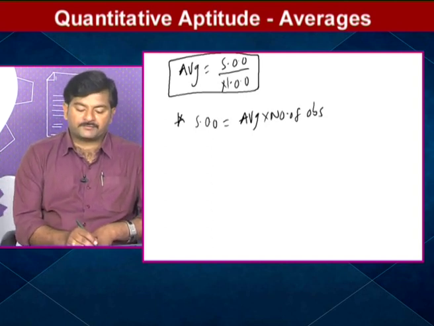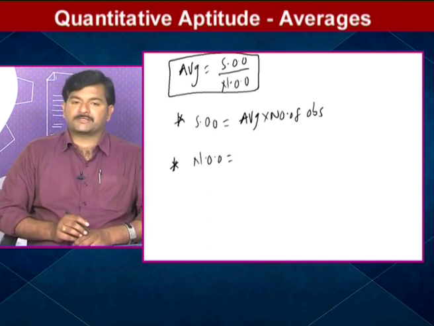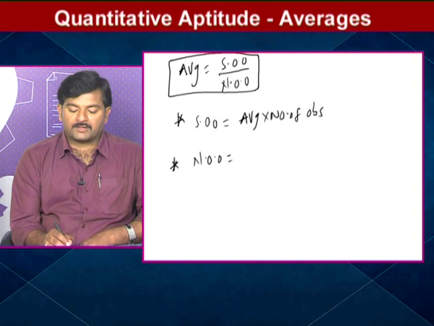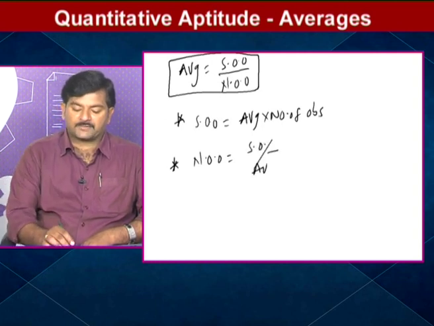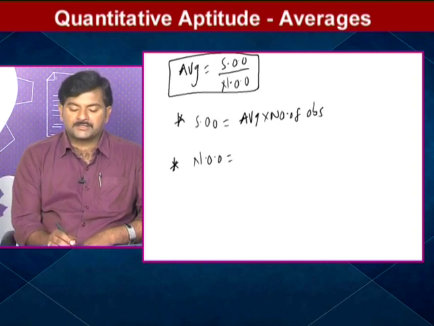Again from this we can take one more formula. For example, we have to find out the number of observations. That equals sum of the observations by average. I repeat: number of observations equals sum of the observations by average.